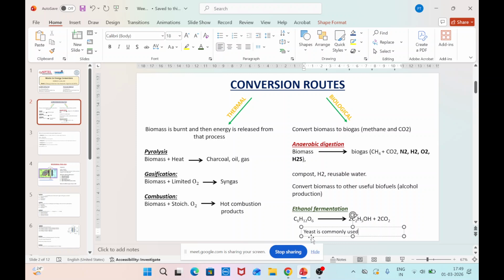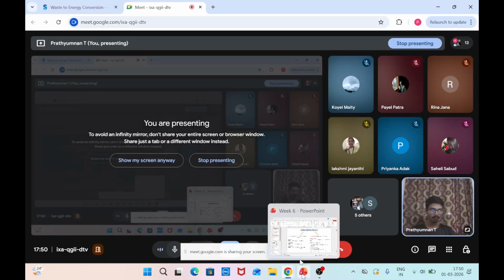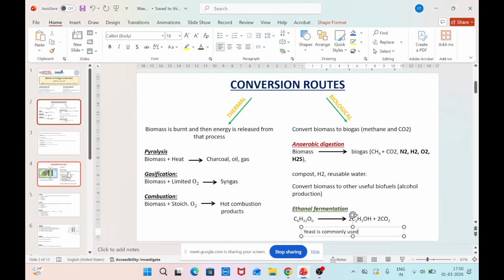Anyone? Okay, so I think we can move on to microbial fuel cells.